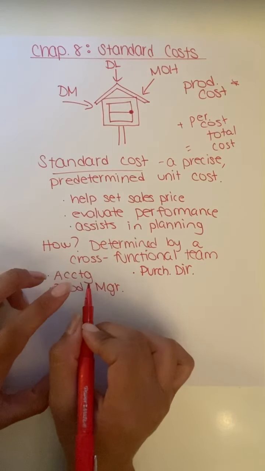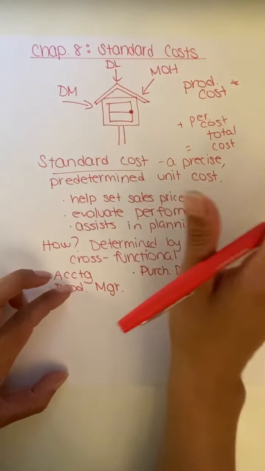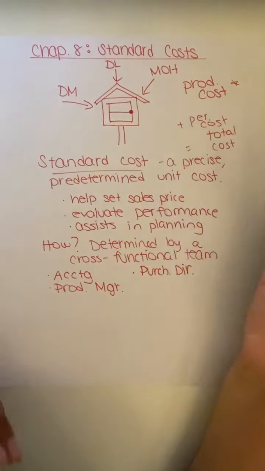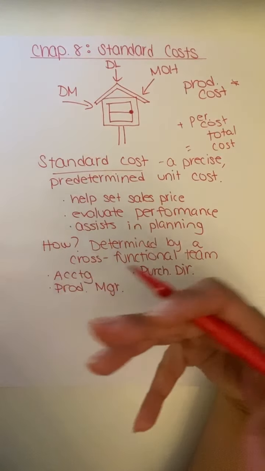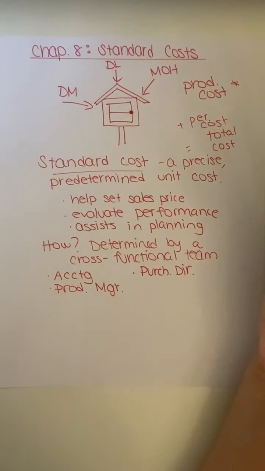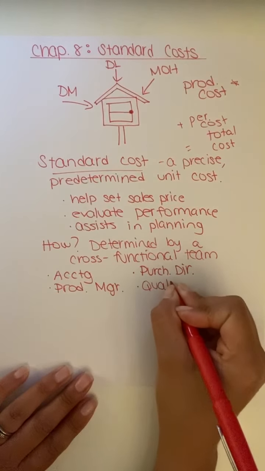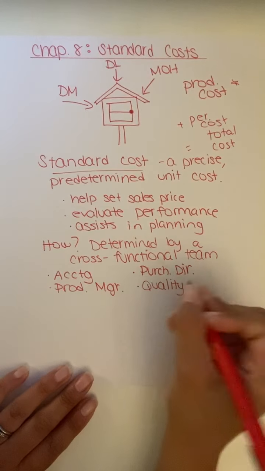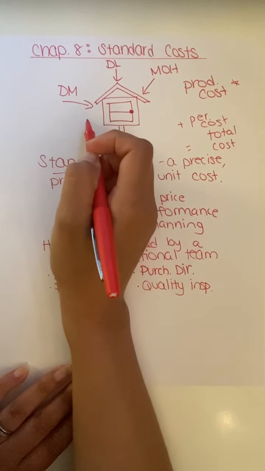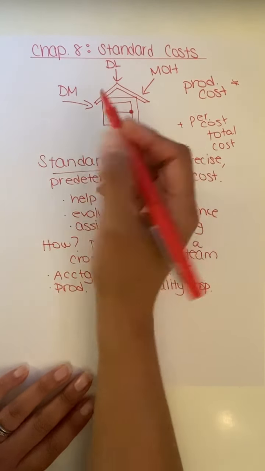Because remember, accountants have historical information. The purchasing director, he sees what's on the horizon. He knows that lumber coming from China is held up right now, so we're going to have to go to a different supplier. So they know what's happening in the industry because they're on the forefront every day. You're also going to want quality inspectors because they know how much material is lost due to scrap, due to rework, due to damage, right?